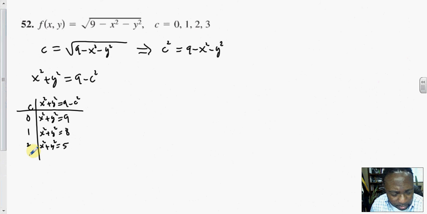Then if c is 3, we have 9 minus 6, excuse me, and we get 3.